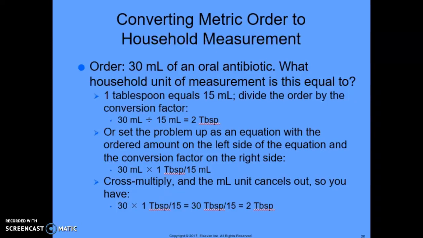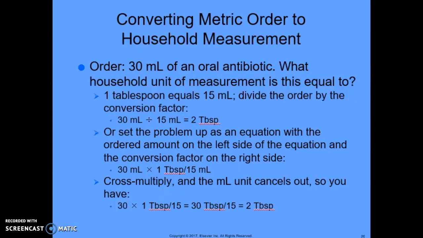You can also set this up as an equation with the order amount on the left side of the equation and the conversion factor on the right side. So if you're looking at 30 milliliters times 1 tablespoon divided by 15 milliliters, because 1 tablespoon is 15 milliliters, then you can cross multiply and the milliliter unit cancels out. So you have 30 times 1 divided by 15, which equals 30 divided by 15.